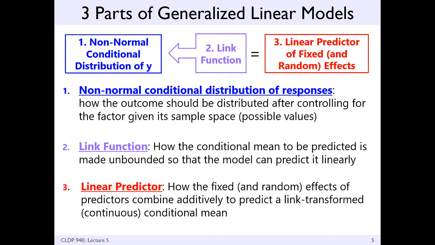And then finally we get to the part that you know already, the linear predictor. That's what's on the X side. So how you put in predictors, they can have fixed and or random effects to then predict some kind of outcome. So the third part here is not new. We're going to end up at the end of this with something like an intercept and a slope, just like we had in CFA. It's the other parts that make this different.